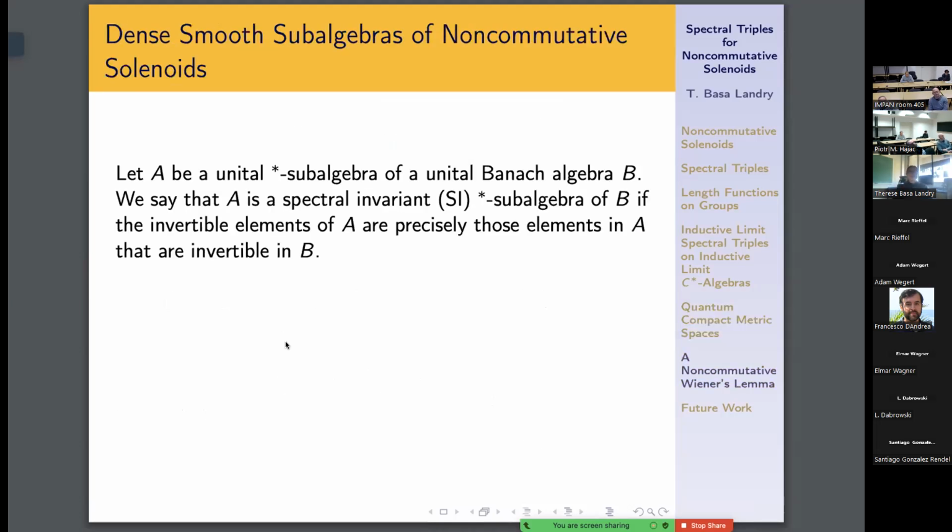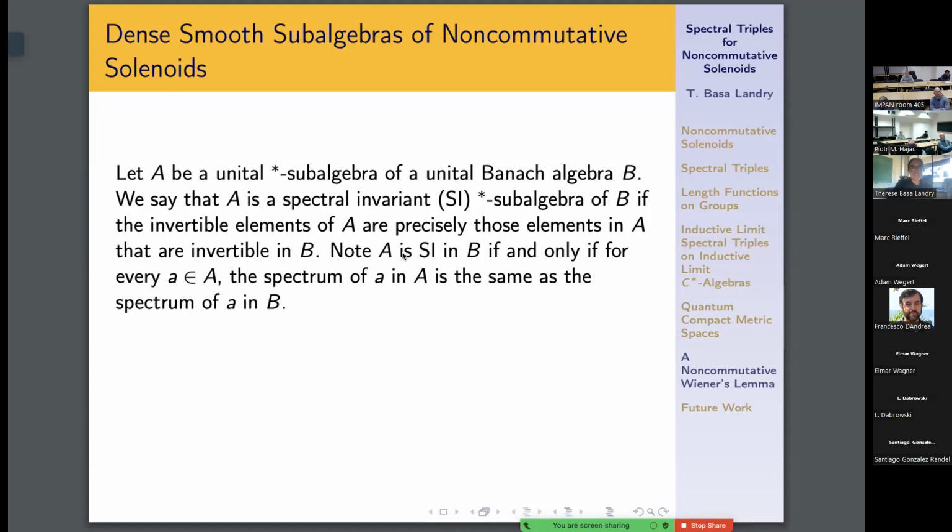So, going on to dense smooth subalgebras of non-commutative solenoids. If you have a unital star subalgebra of a unital Banach algebra, we say that the unital star subalgebra is a spectral invariant star subalgebra if the invertible elements of it are precisely those elements that are also invertible in the larger algebra.